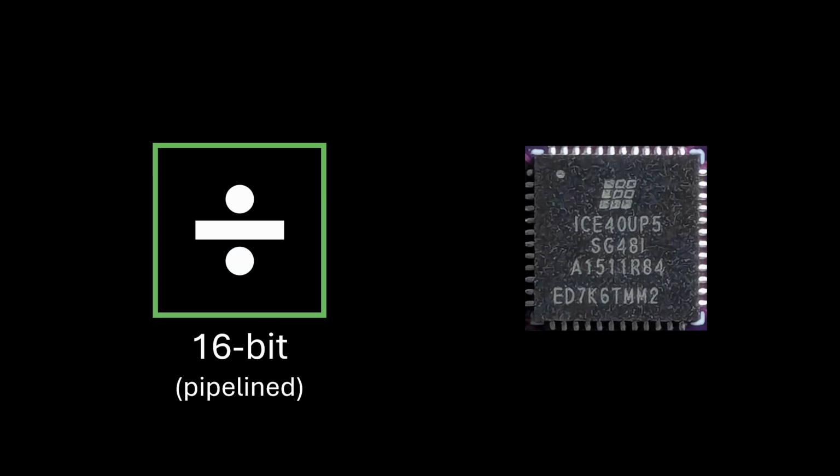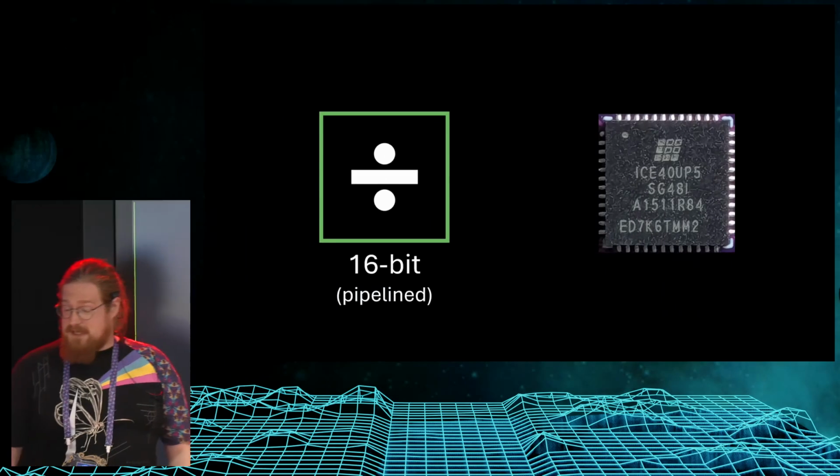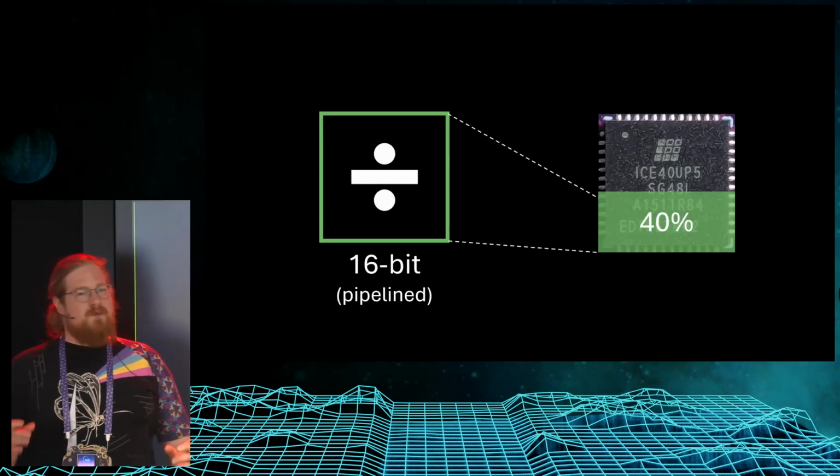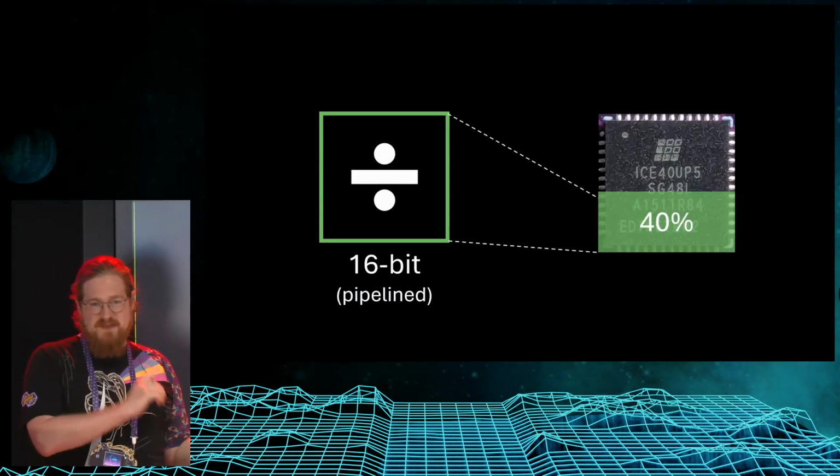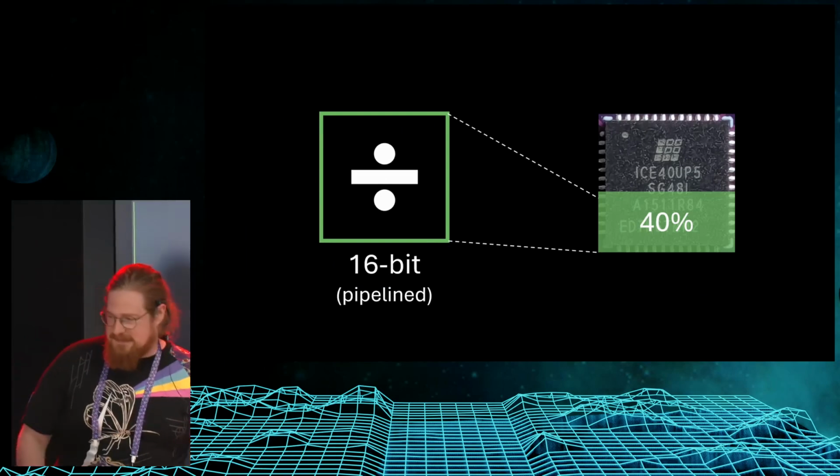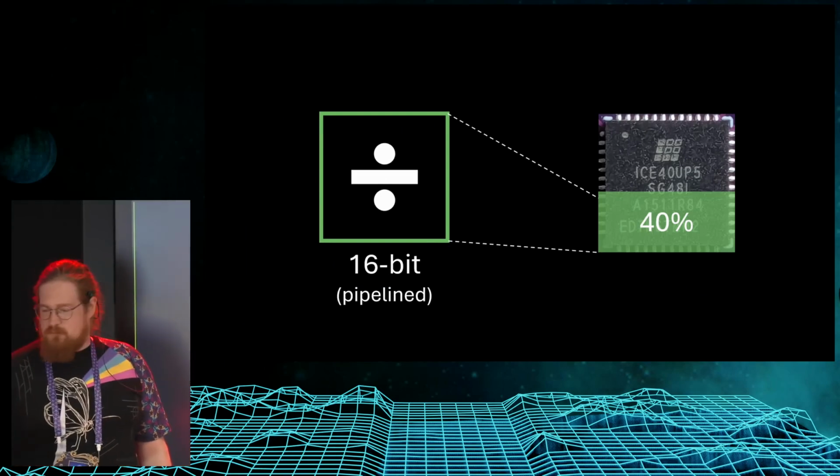To put it even more in perspective, a single 16-bit divider that produces a 16-bit by 16-bit division every cycle occupies 40% of the FPGA's real estate all by itself. So that's rule number 1: no divisions.